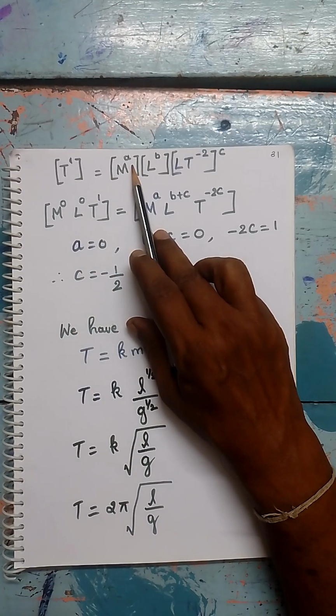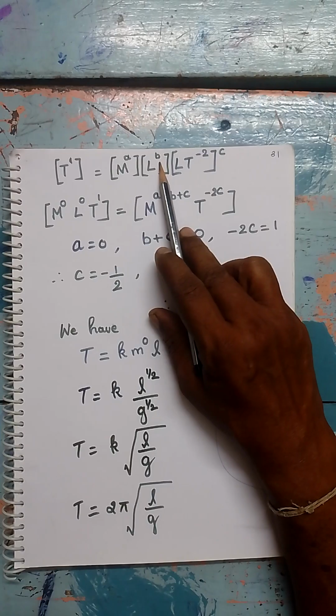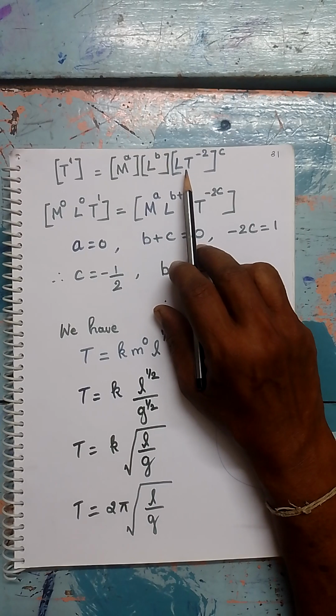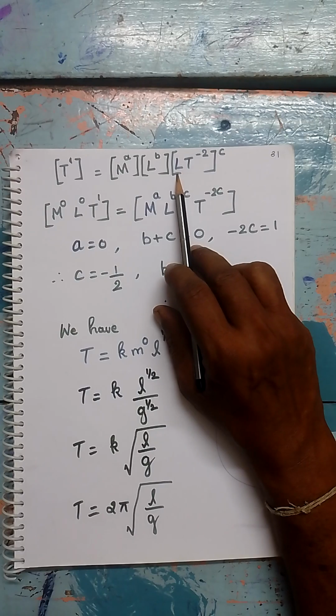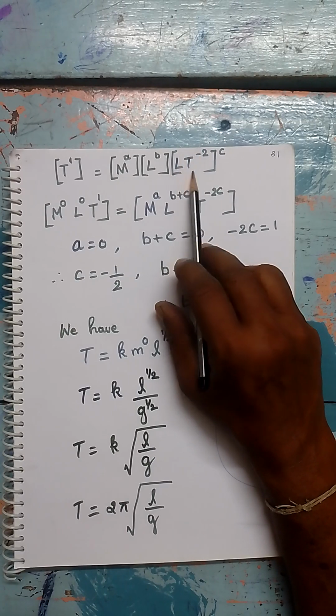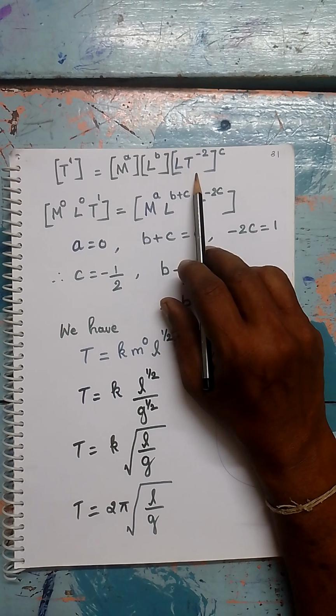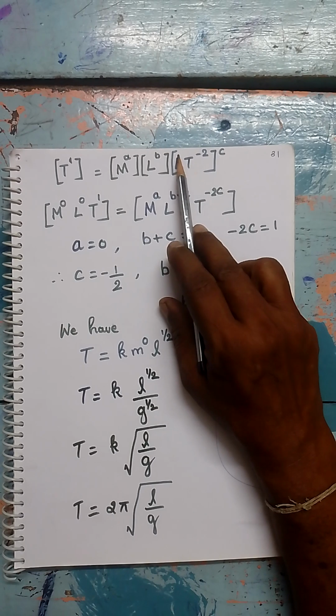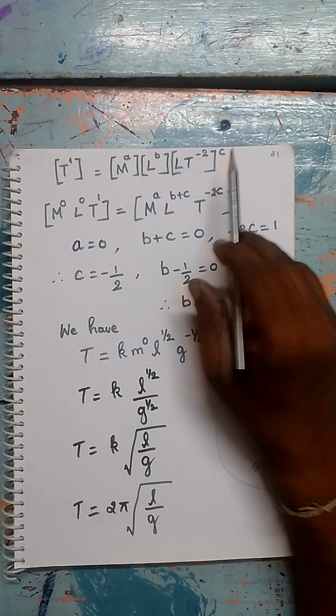On the right hand side, mass M power a, L power b, and then acceleration due to gravity, which is L T power minus 2, the dimensional value of acceleration, whole power c.